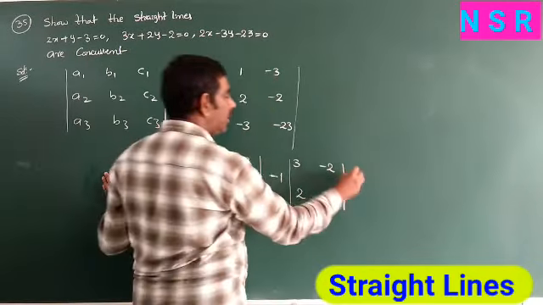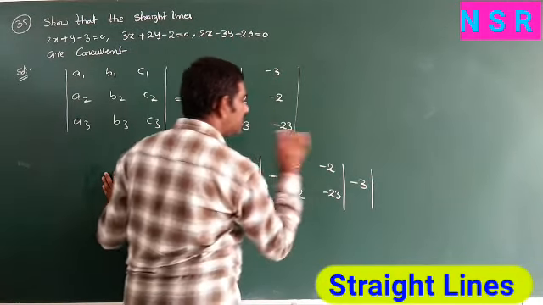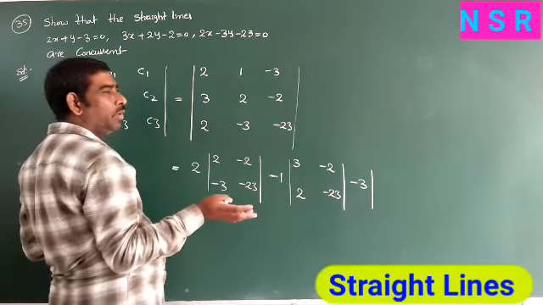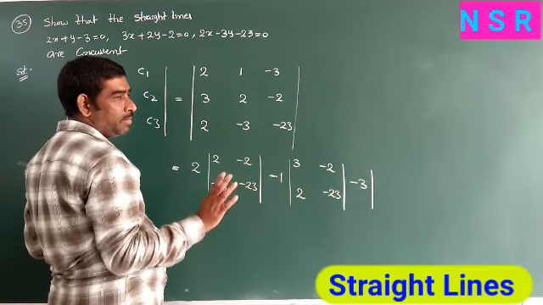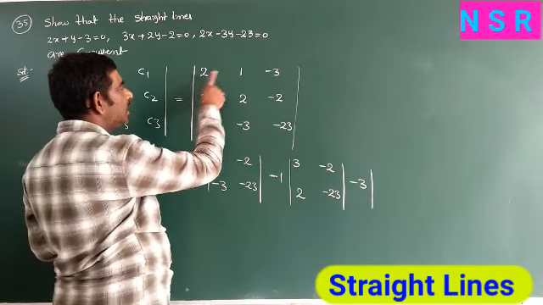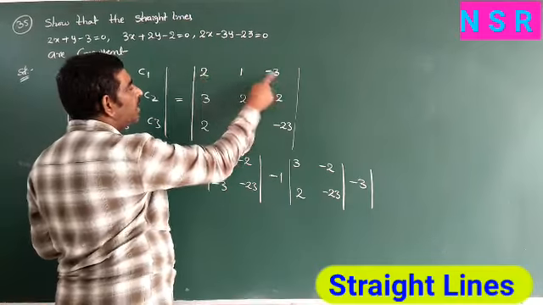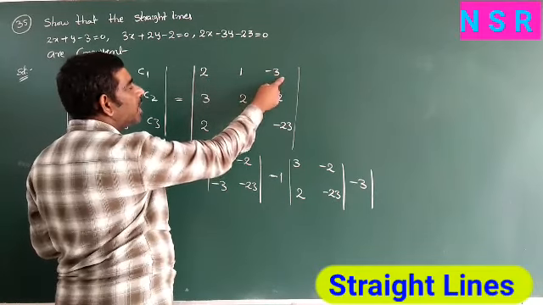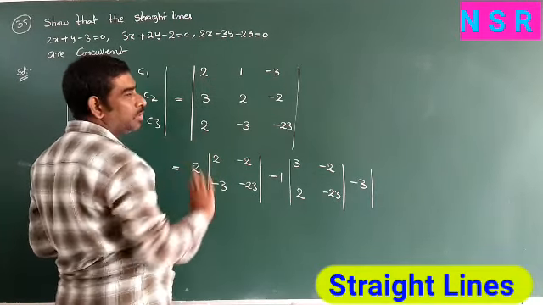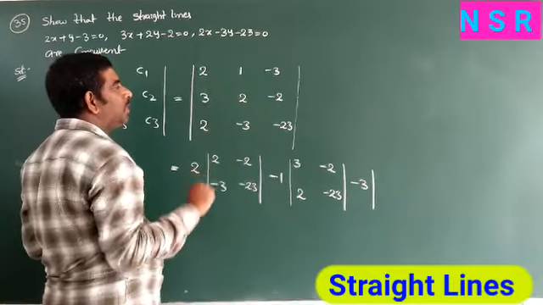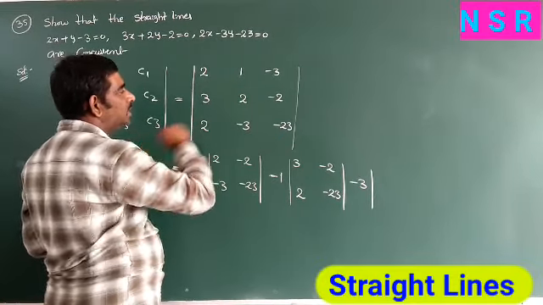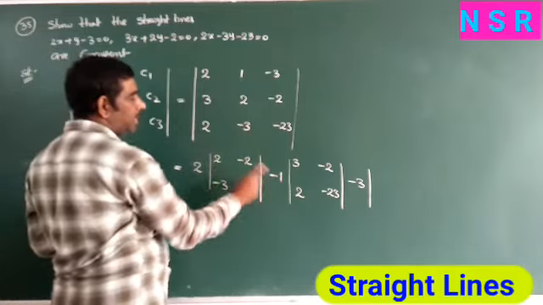Next the final element, minus 3, write as it is. The sign changes only for the even elements. This is the first element, second, third: 1 and 3 are the first and third elements, odd elements, so don't change the sign. Only even elements change the sign. Here 1 is having plus, write minus.